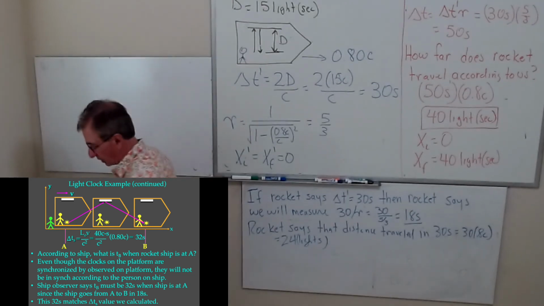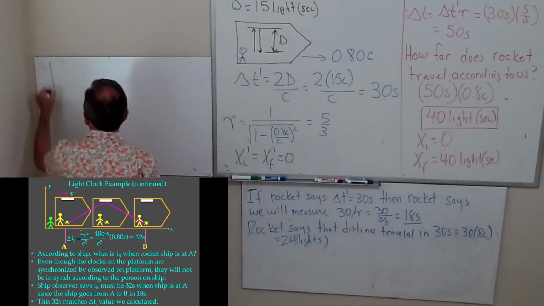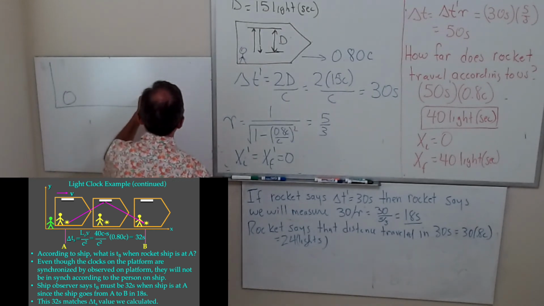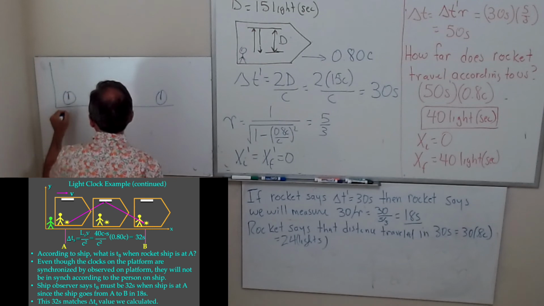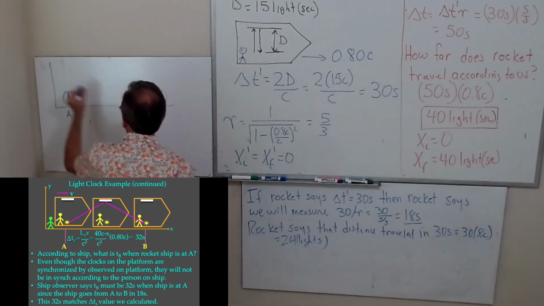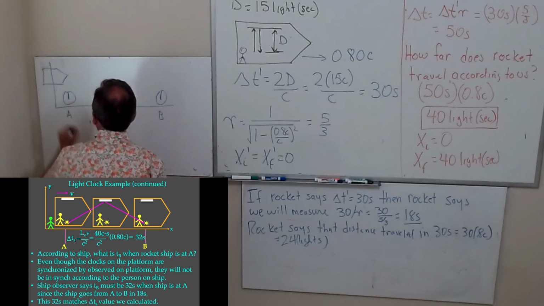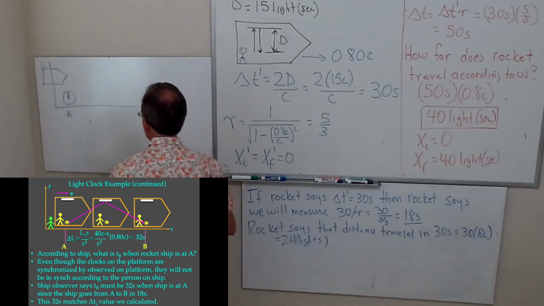So this is what we observe. Two clocks. They read 0 here and 0. So we're A and B. The rocket ship is here. Okay, they both read the same.